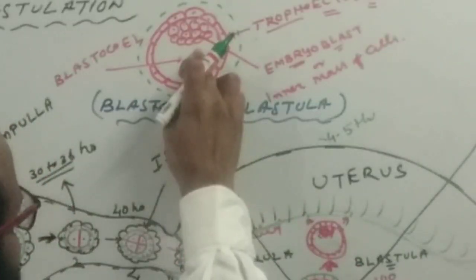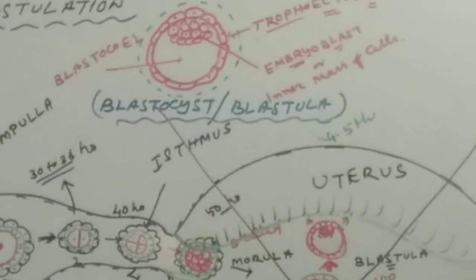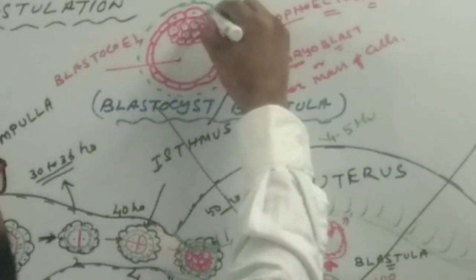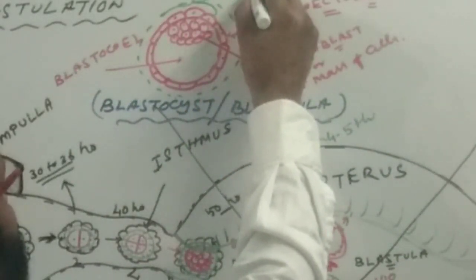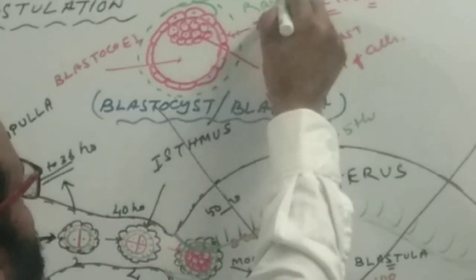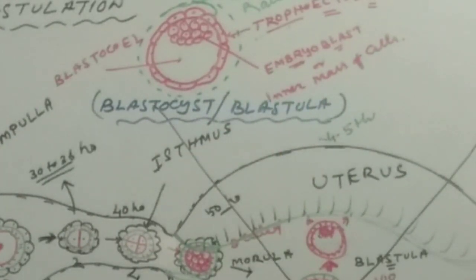The inner mass of cells touches the cells of the trophoectoderm layer. These cells are known as the cells of Rauber, R-A-U-B-E-R.